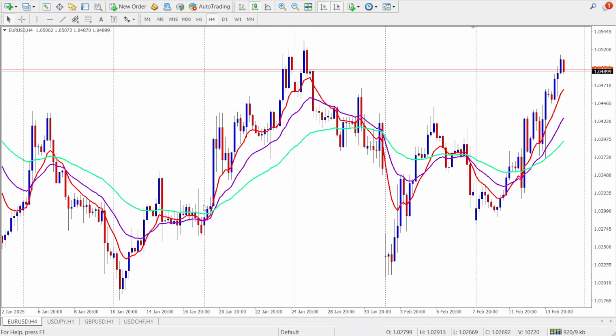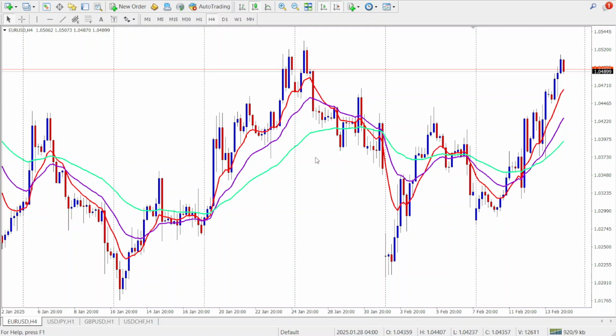This signals that momentum is shifting to the upside. The price stays above all three moving averages, confirming trend strength. Then you can look for a pullback to the medium or to the long-term moving average, then enter when the price bounces back up. You can place your stop loss just below the long-term moving average to protect your trade.